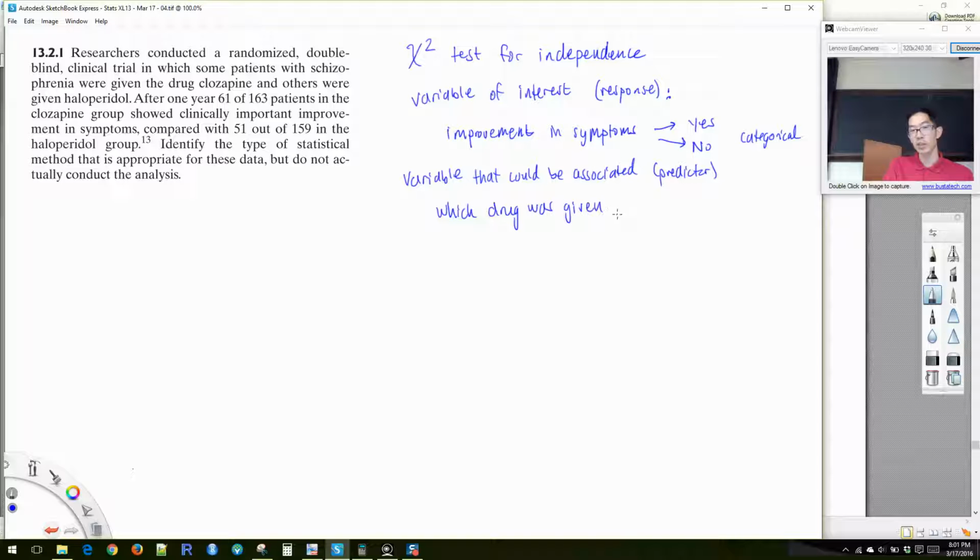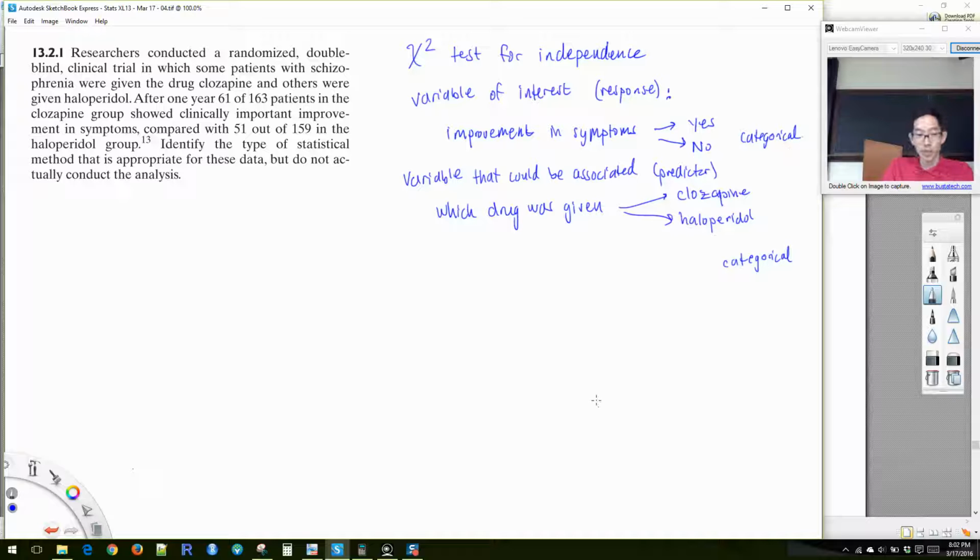Which drug was given, and this is also categorical. I don't know anything about these drugs here. I think haloperidol is a pretty strong drug, though. I don't know, I have no idea. So this also is categorical. So we have categorical and categorical.